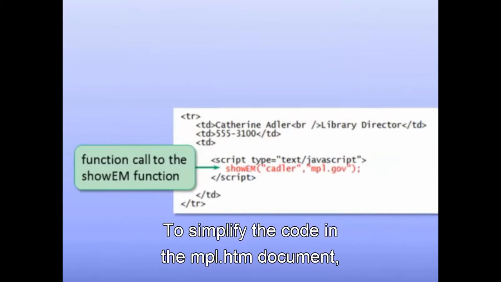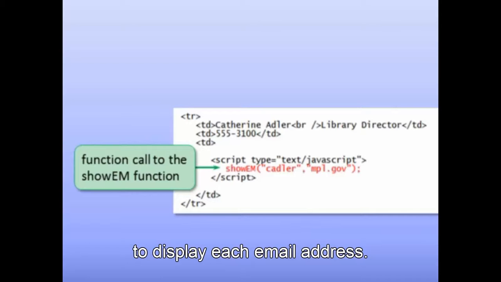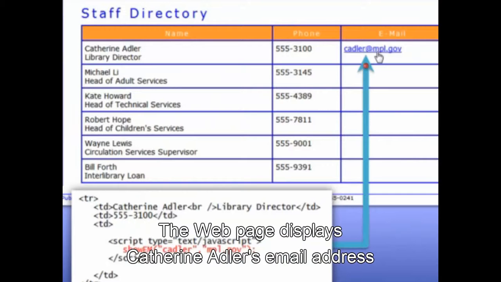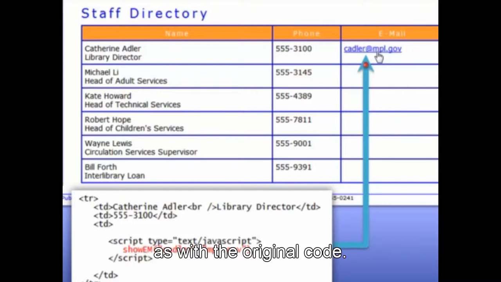To simplify the code in the mpl.htm document, you can use a function call to the showEm function to display each email address. The web page displays Catherine Adler's email address as a hypertext link, which is the same result as with the original code.